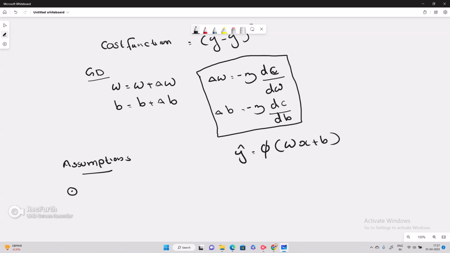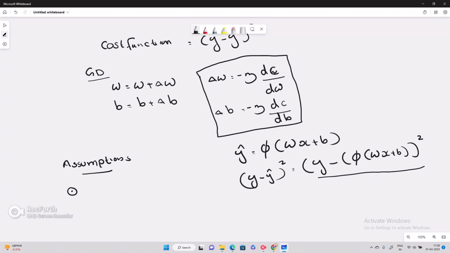So in that case, the cost function, that is y minus y hat all squared, is equal to y minus phi of W x plus B, all squared. So this is the final expanded cost function.